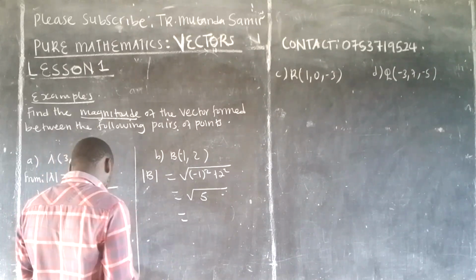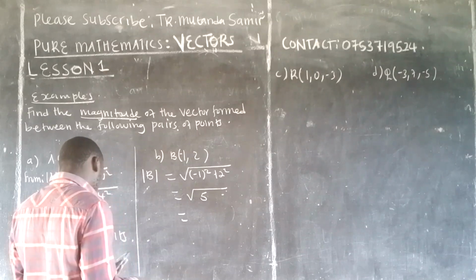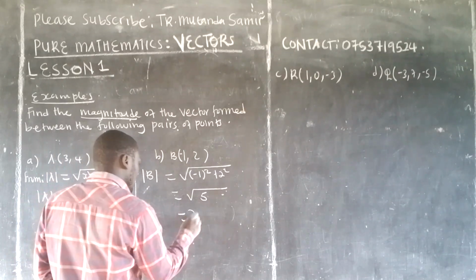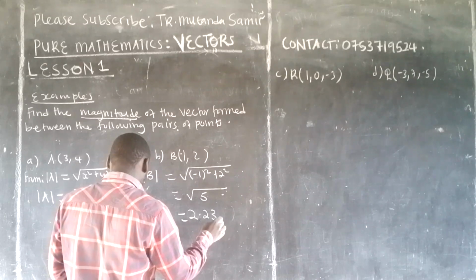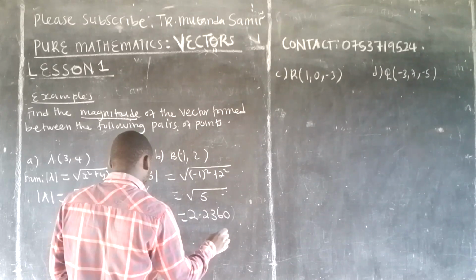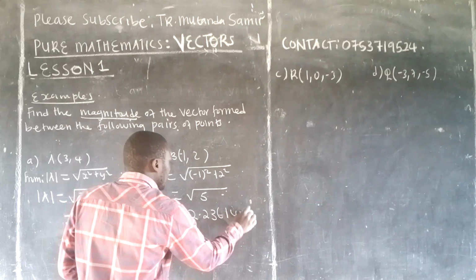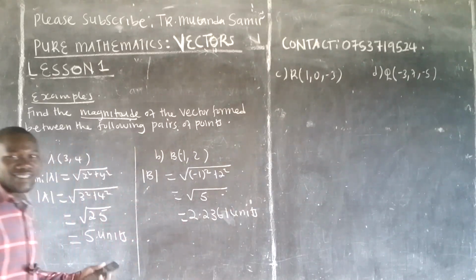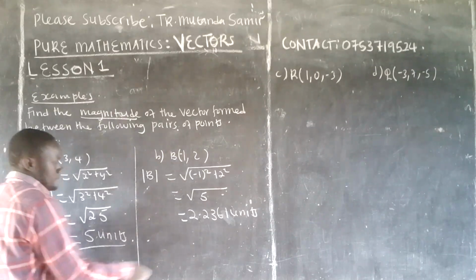Then you can give the square root of 5 to 4 decimal places: 2.2361. You add the word units. This is just something simple like that.